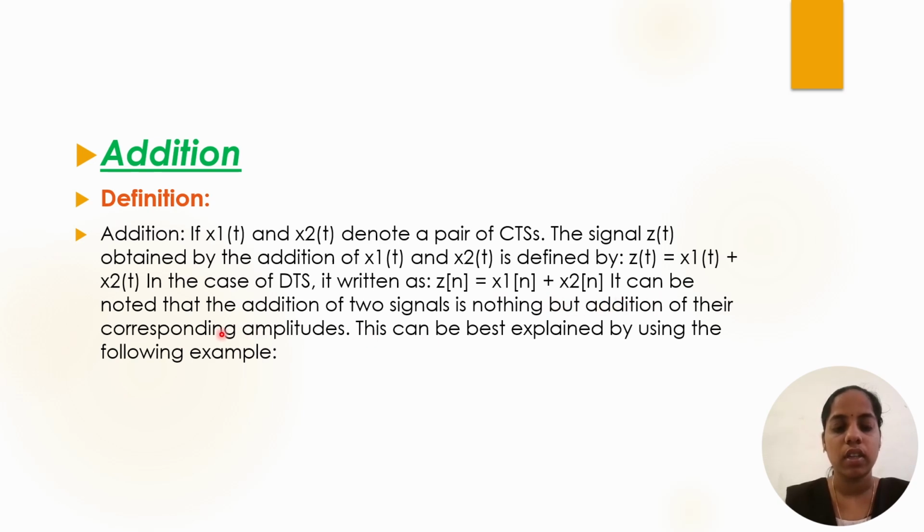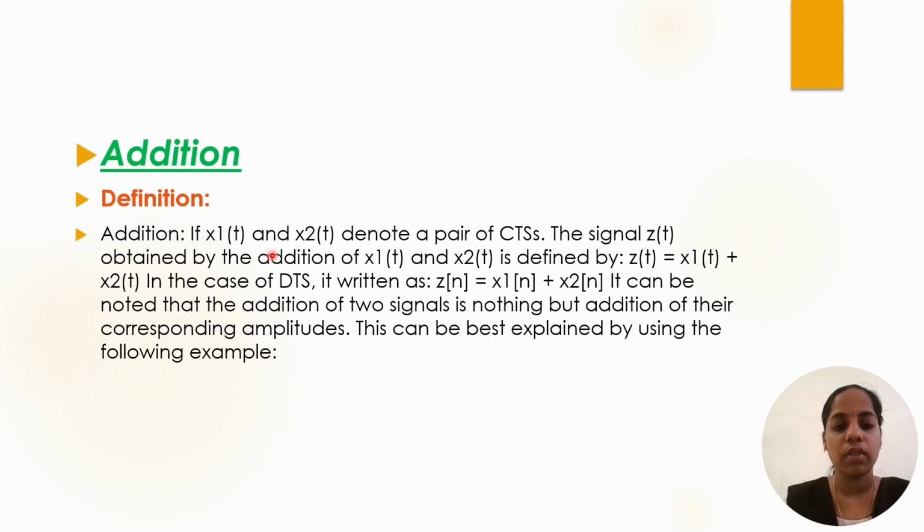It can be noted that the addition of two signals is nothing but the addition of their corresponding amplitudes, explained using the following example. Addition of two signals means adding the two signals' amplitudes. The first signal is x1 of t and the second is x2 of t.